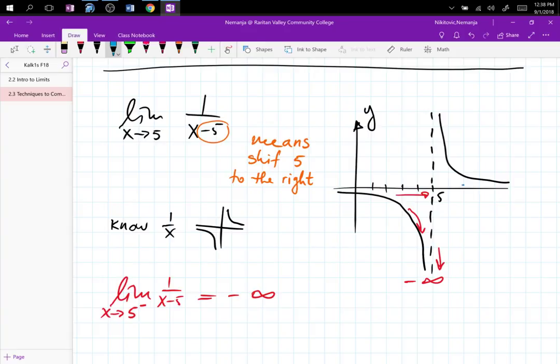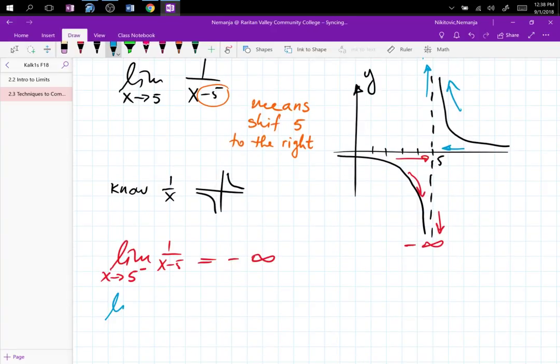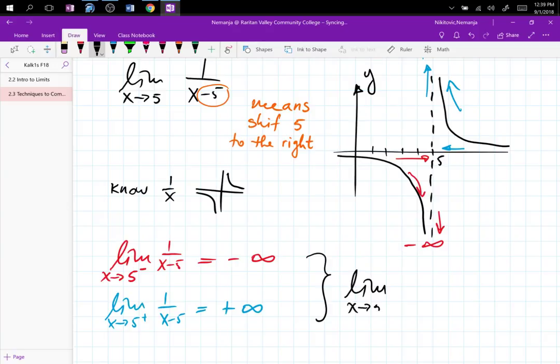Romeo is going to approach from the right, he's going to walk up the line, and he is going to go up towards positive infinity, making the blue limit x goes to 5 plus of 1 over x minus 5 give us positive infinity. All together telling us that the overall limit x goes to 5 of 1 over x minus 5 is what?